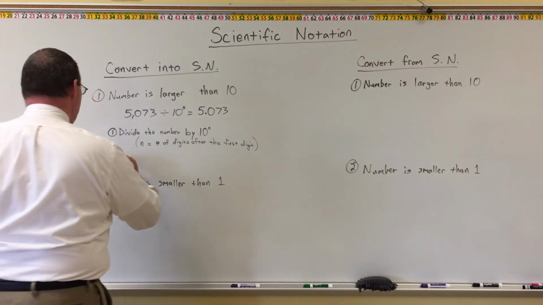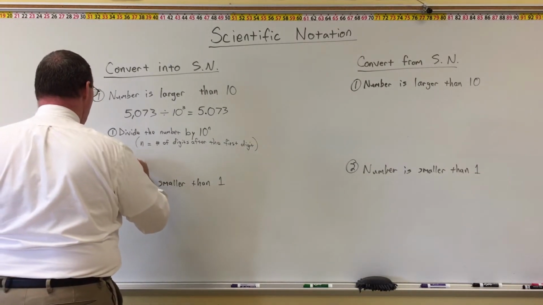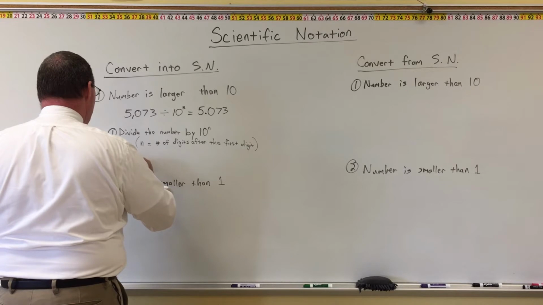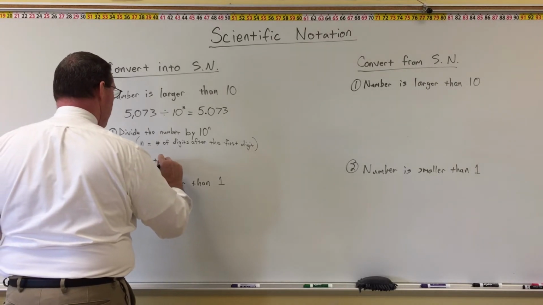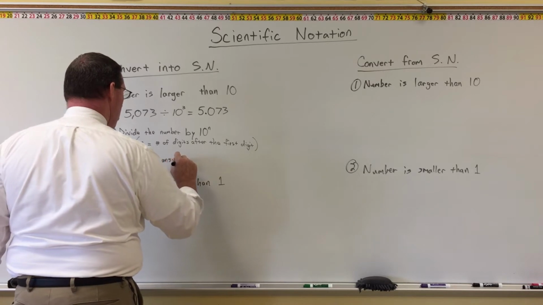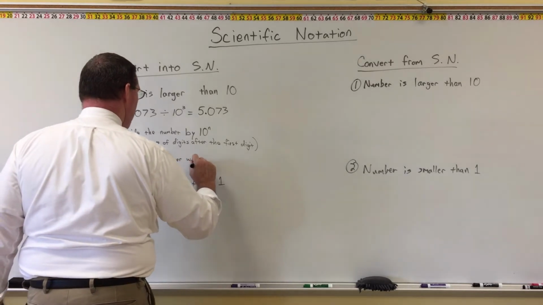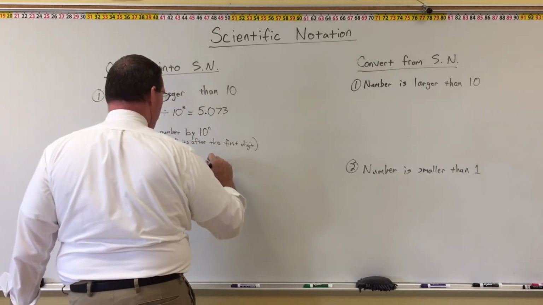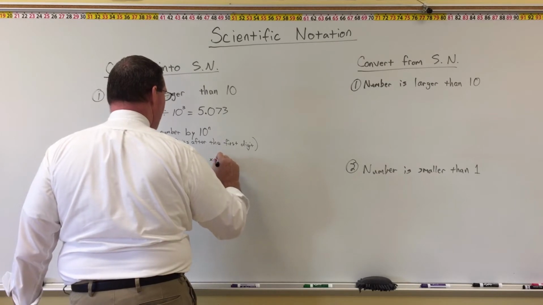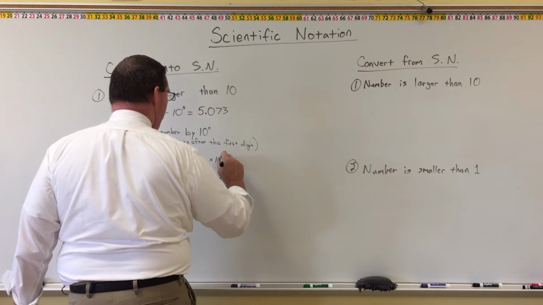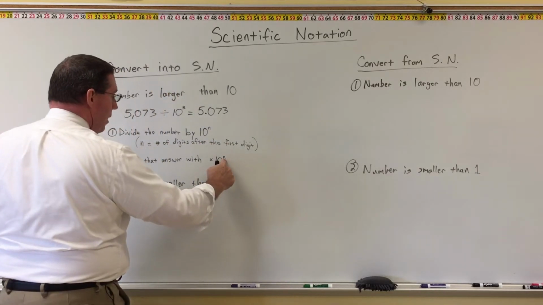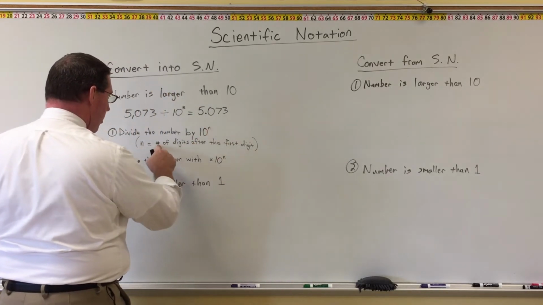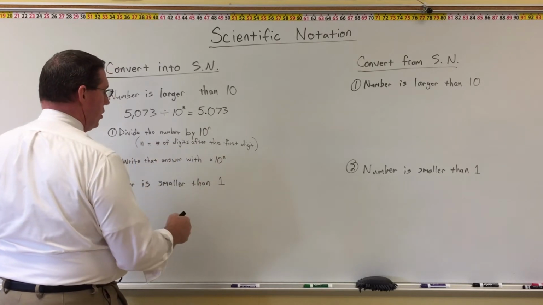Now the second step is to write that answer with times 10 to the power of n, where n is the same n here. It's the number of digits after the first digit.